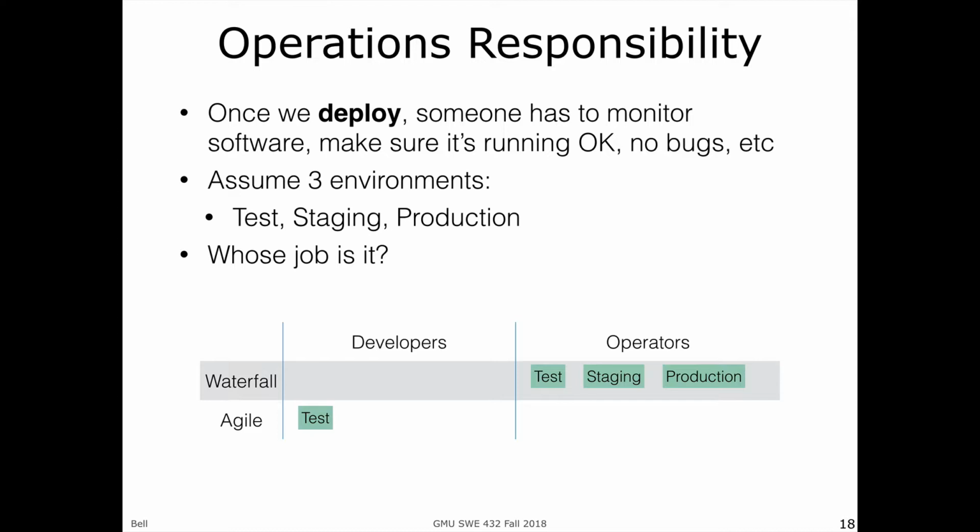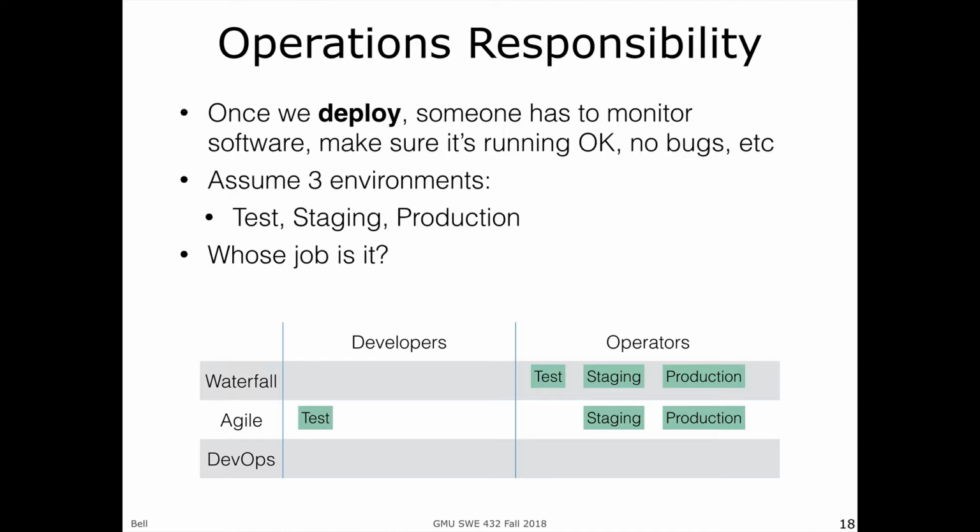In an agile model, developers are all going to be doing their testing locally, but we still have these separate staff who are in charge of making sure that the staging and production environments are working and that features are looking good there. So here's, ding ding, the next buzzword for this lecture: DevOps. So what is DevOps?